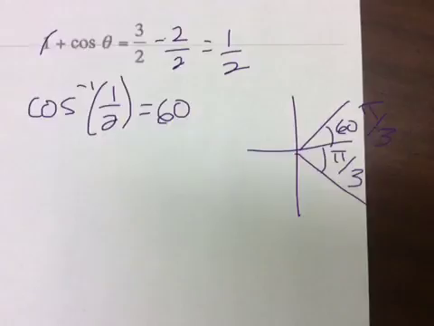So now we just need our two answers. So one of our answers is going to be 60, pi over 3. The other answer is going to be 2 pi minus pi over 3. A full 2 pi would be 6 pi over 3 minus pi over 3, 5 pi over 3.